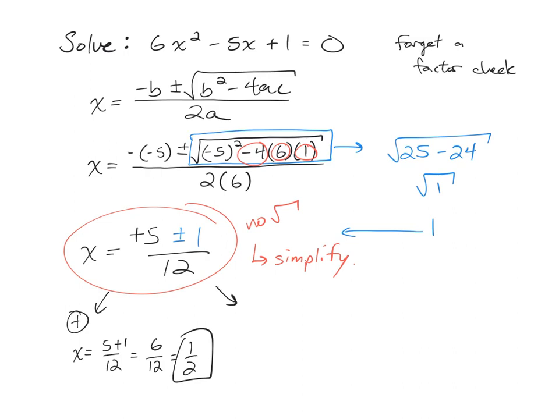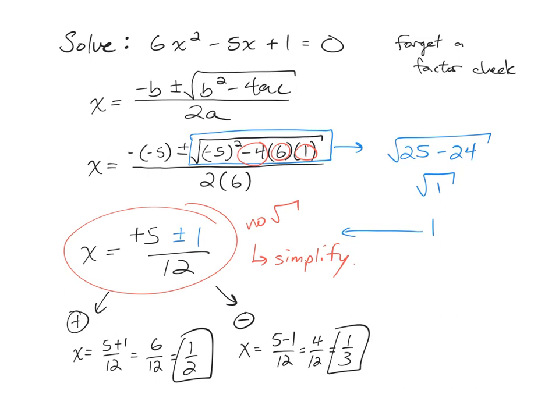And if you look at the minus version of this, you'll have x equals 5 minus 1 over 12, which is 4 over 12, which is 1/3 when you reduce it all the way down. So again, we're still getting two answers, and it still works. The quadratic formula still works, even if it's factorable. So when I said earlier the quadratic formula works for solving all quadratics, it works.